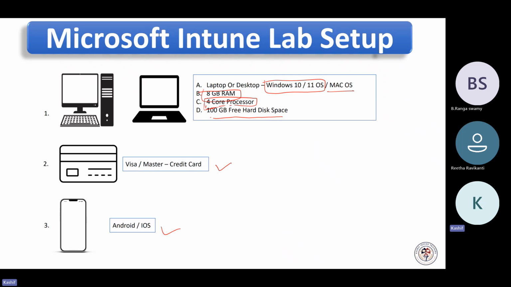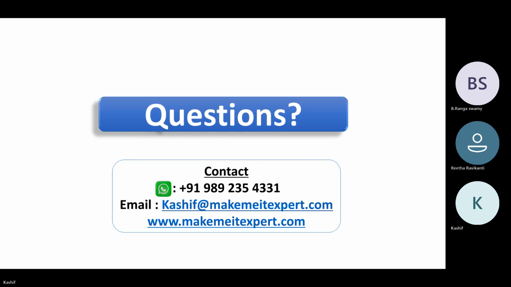So for lab setup, the minimum configuration is 8 GB RAM, quad core processor, 100 GB hard disk space, a credit or debit card, and an Android or iOS mobile phone.